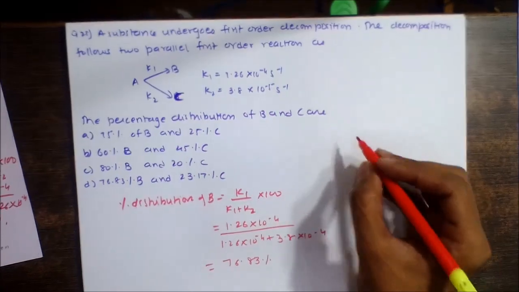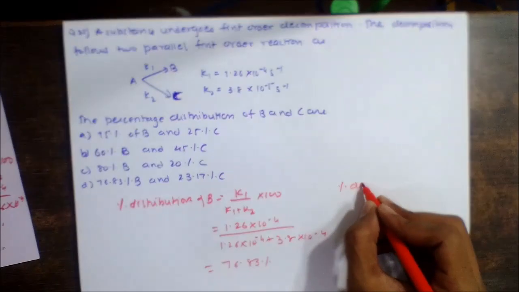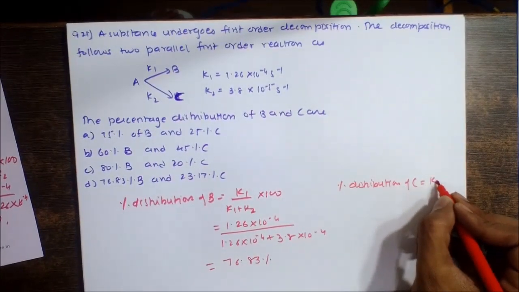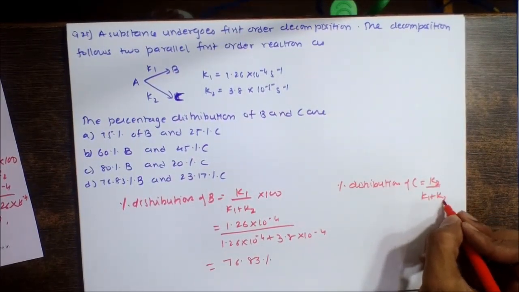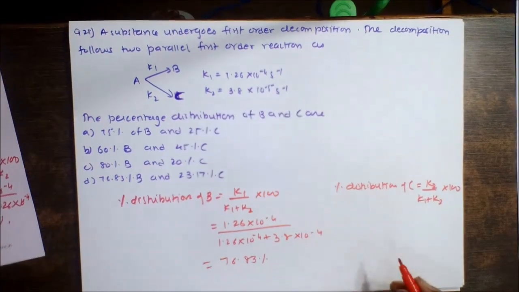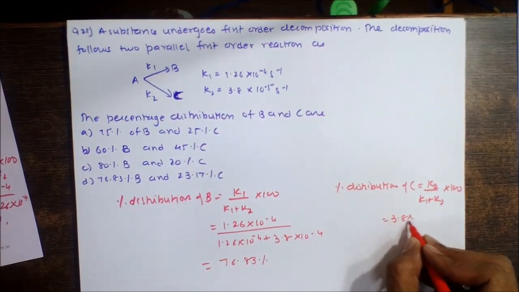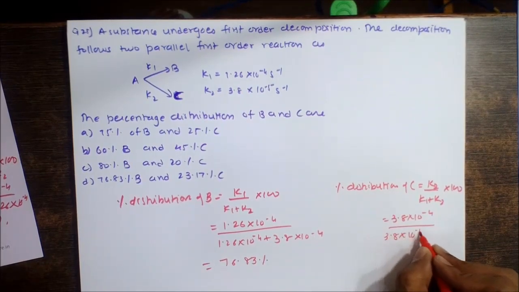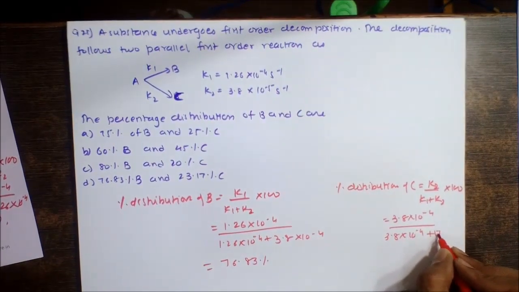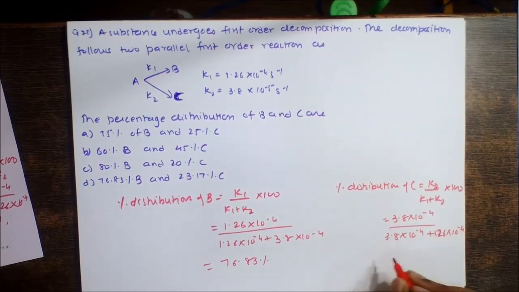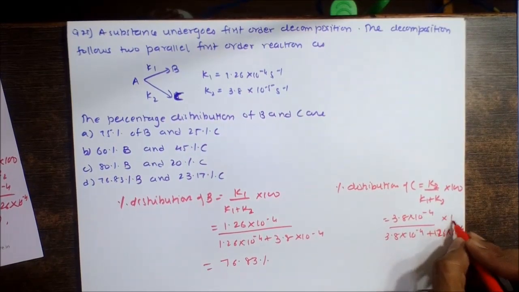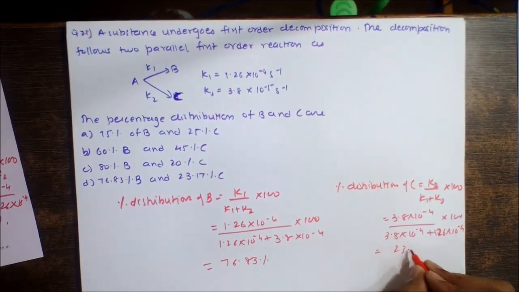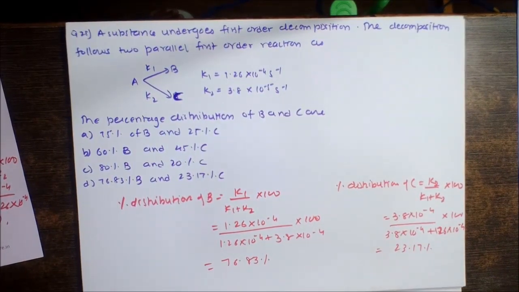Same way, percentage distribution of C would be equal to K2 upon K1 plus K2 into 100, which is 3.8 into 10 raised to minus 5 upon 3.8 into 10 raised to minus 5 plus 1.26 into 10 raised to minus 4 into 100, which equals 23.17%.